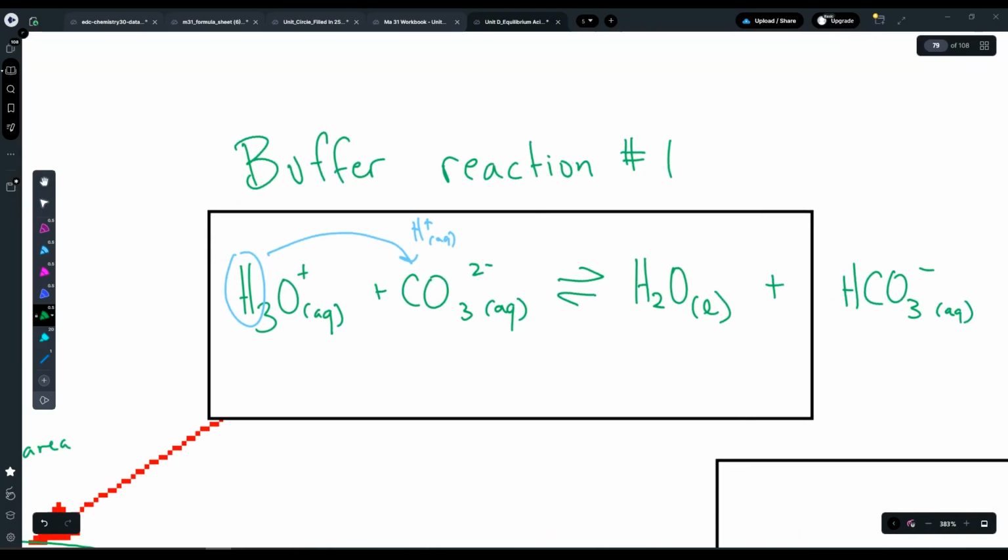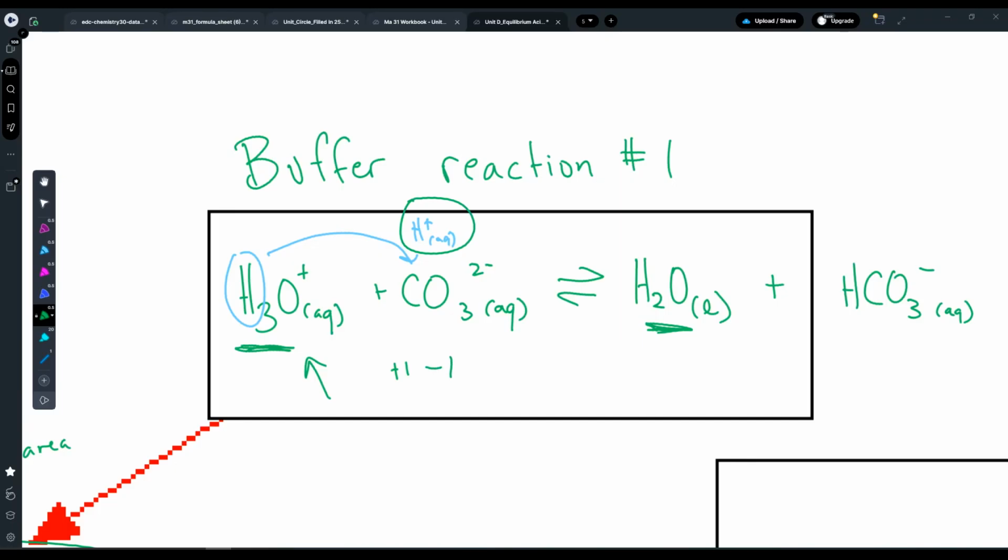Okay, so how I'm figuring out the charges here is, for water, that started out as hydronium, which had a 1+ charge. It lost a proton, so it lost a 1+ charge, which is equal to 0. That's why water is neutral. How I figured out the charge on hydrogen carbonate was, carbonate ions started out with a 2- charge.